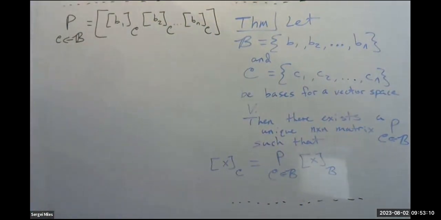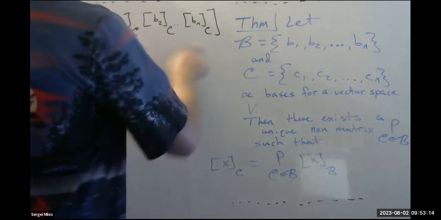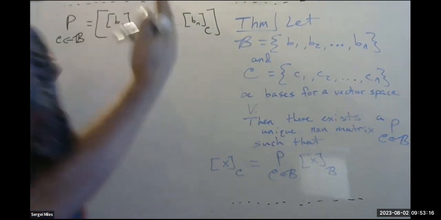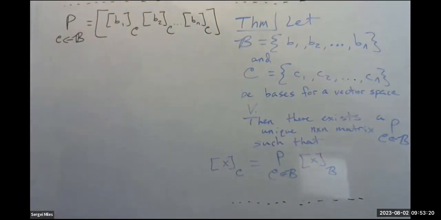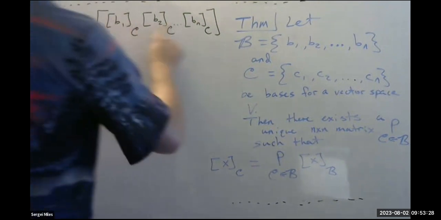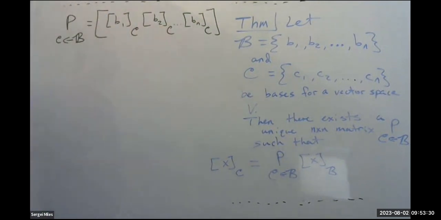This is a linear transformation. So when I transform, this is going to preserve the linear independence of my B vectors. Rewriting them in terms of C is just a linear transformation, and linear transformations preserve linear independence. So these new columns I'm creating are still linearly independent, which means this matrix is invertible.